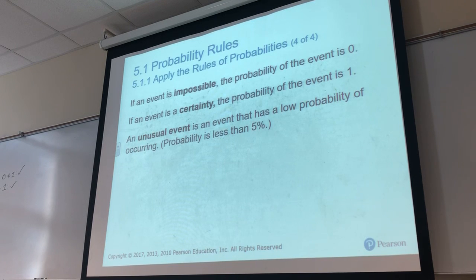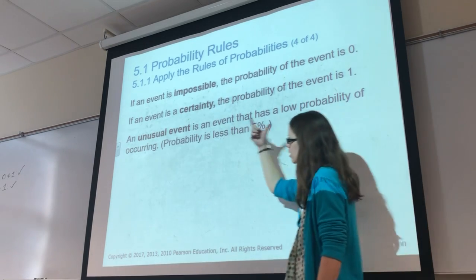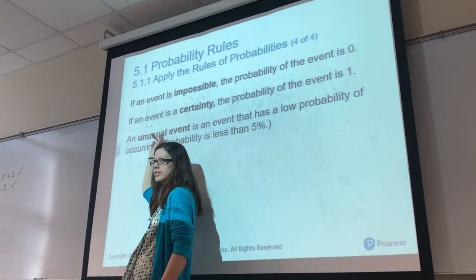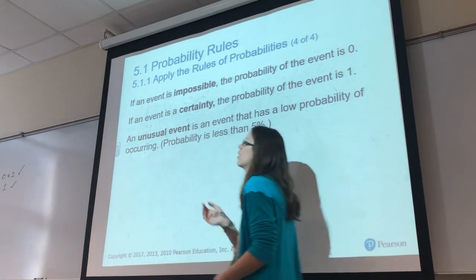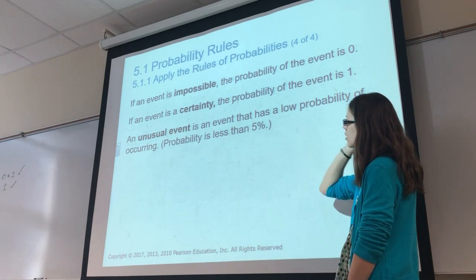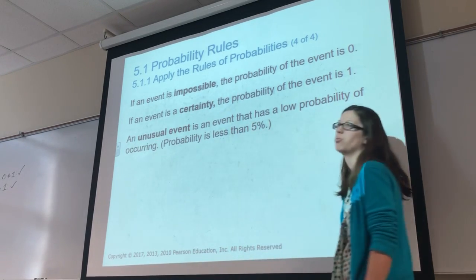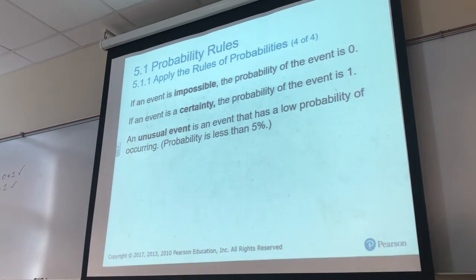All right, the last one here is an unusual event. That's a technical term that we're going to use throughout the rest of this book. After they ask you to find probabilities, they'll ask, is this unusual? It's not an opinion question. You're looking to see if it's less than 5% or not. So if you calculate a probability like 5.5%, we're not going to say that's unusual.